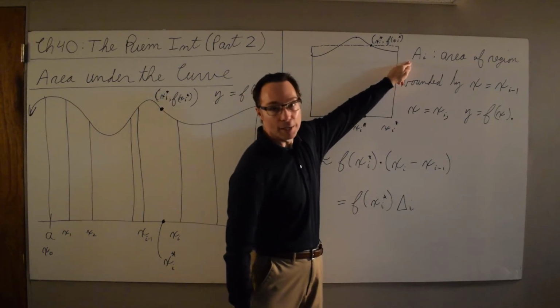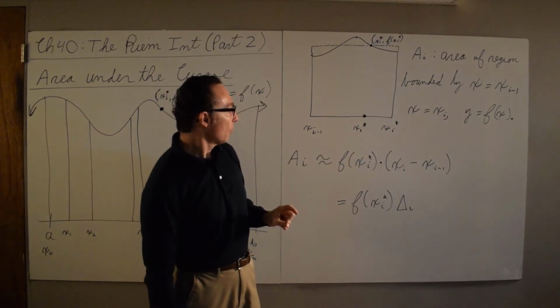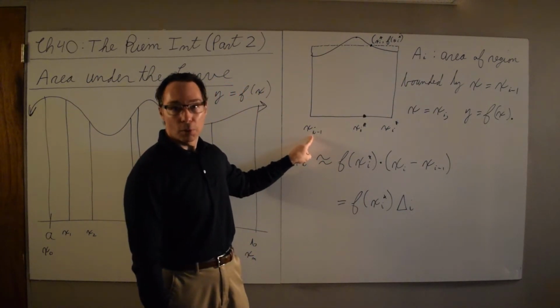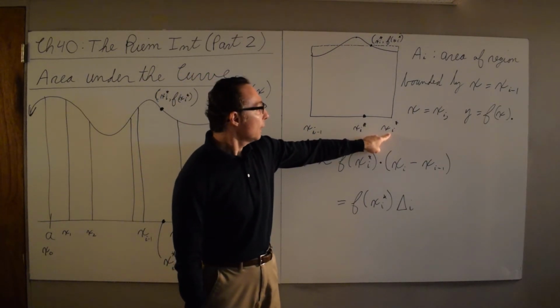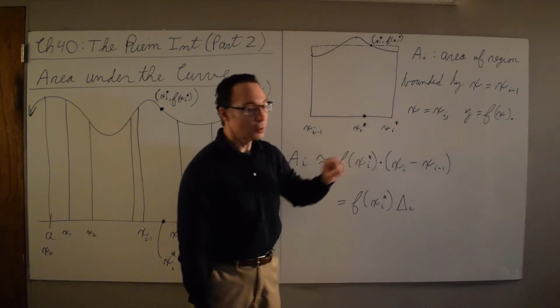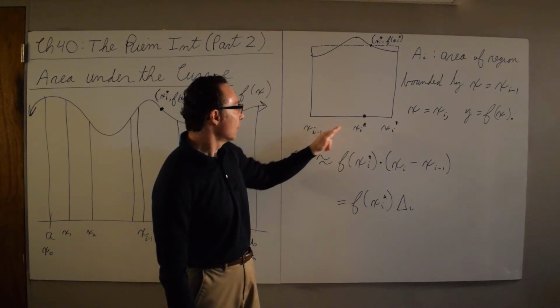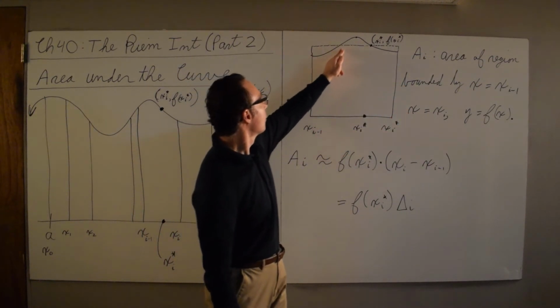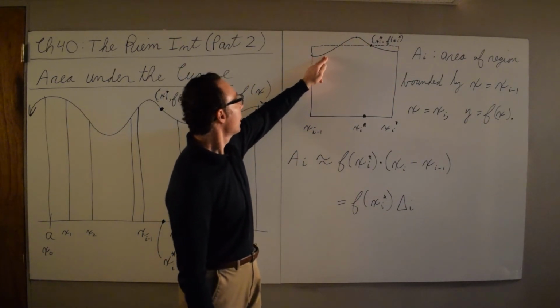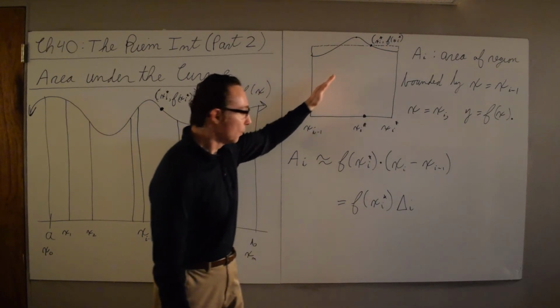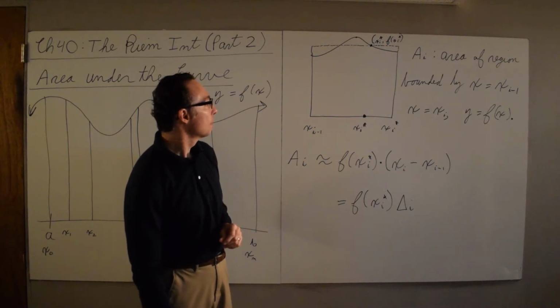It's bounded by the vertical lines x equals x sub i minus 1 and x equals x sub i. So these are our vertical lines bounding this region, and it's also bounded by the graph of the function. That's A sub i. So A sub i is this piece right here under the graph of the function.